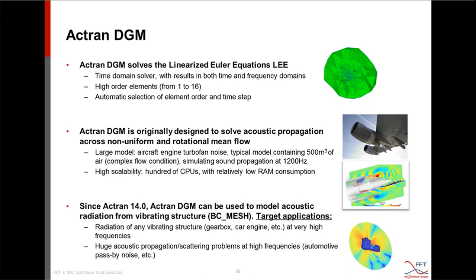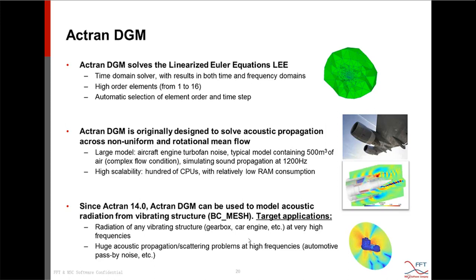So as in the last cases, we are not having a significant convection, so we're not having a flow effect. For example, in the automotive industry, the Mach number is far lower than in the aerospace industry.